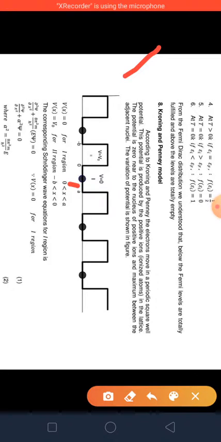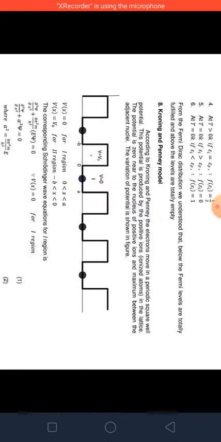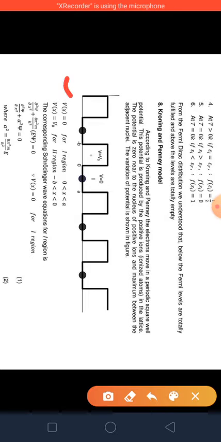If we see, the potential V of x is 0 near the nucleus, that is for region 1, and the value of potential is maximum, equal to V naught, in the region between minus b less than x less than 0.